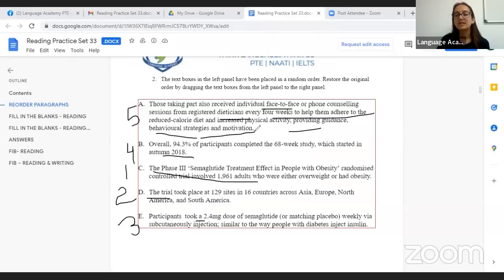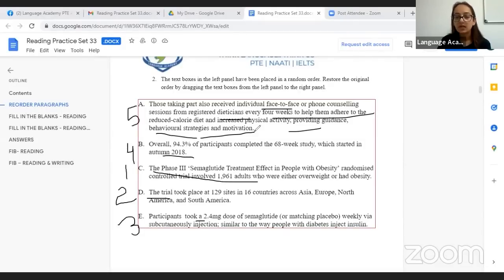So the first 4 sentences are about your study, one after the other in order, and then one which is talking about the same participants, but it's not in the study, so out of the study topic. So this will be the answer.